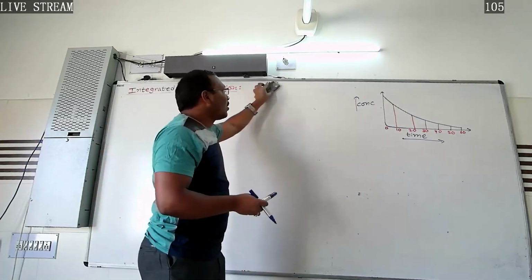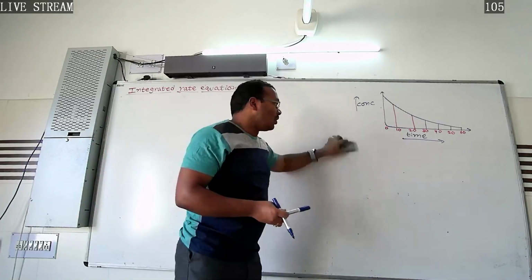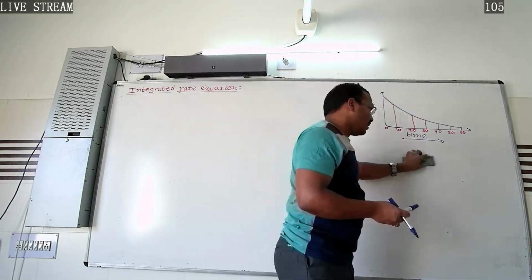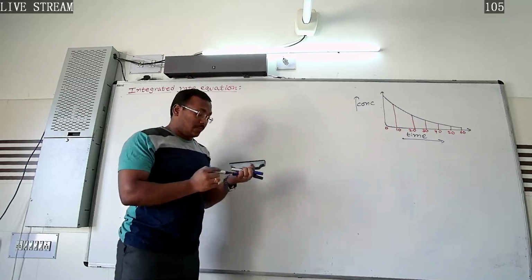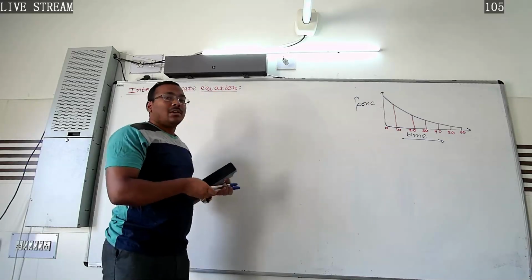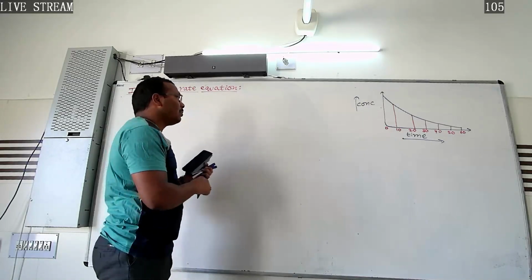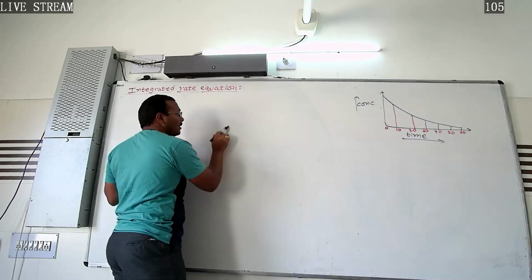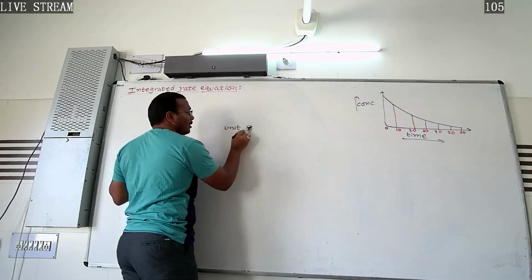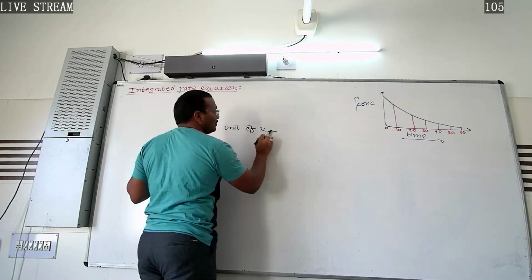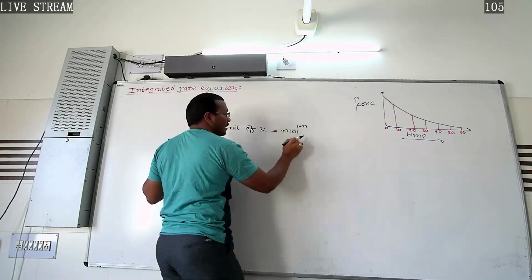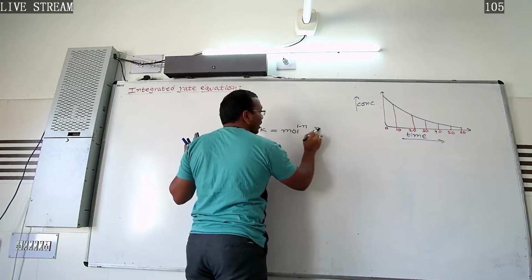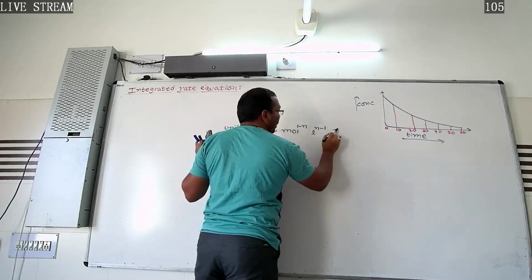Integrated rate constant topic. But the rate constant K depends on order of reaction. If you remember, the rate constant symbol is K, and the unit of K, do you remember what is the unit of K? Mole power 1 minus n, liter power n minus 1 per second.